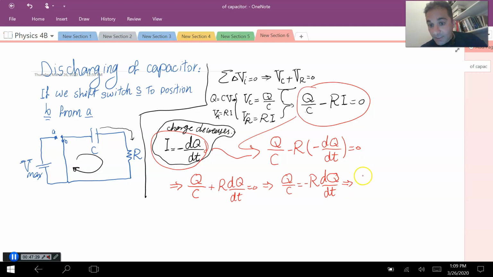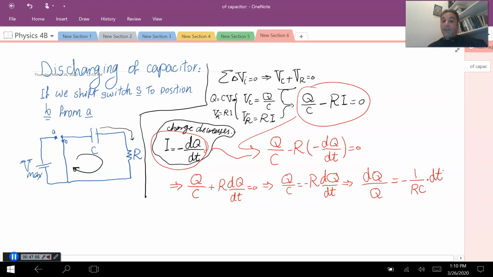This is again a differential equation. I can write this equation like this. Watch it: dq over q is equal with negative 1 over RC dt. What do you think?